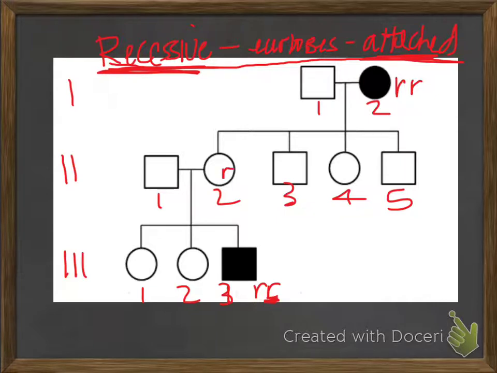So I know that these individuals from generation 2 have to have a little r, but they're not showing the trait. So I should include that dominant allele, so I know that for sure. Now, these individuals, the siblings, I'm not quite sure, so I can leave a dash, or I could even do a question mark, because I don't know, are they big R, big R, or big R, little r? I'm not quite sure, I can't guess.